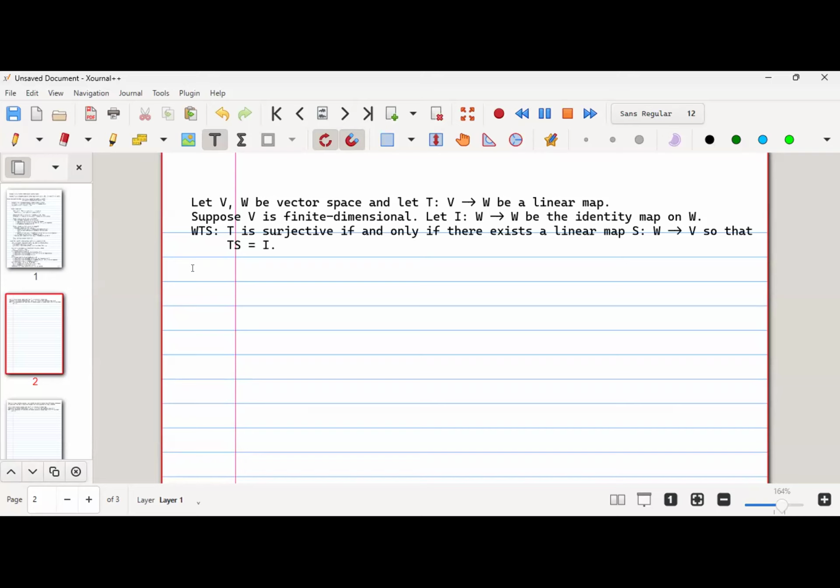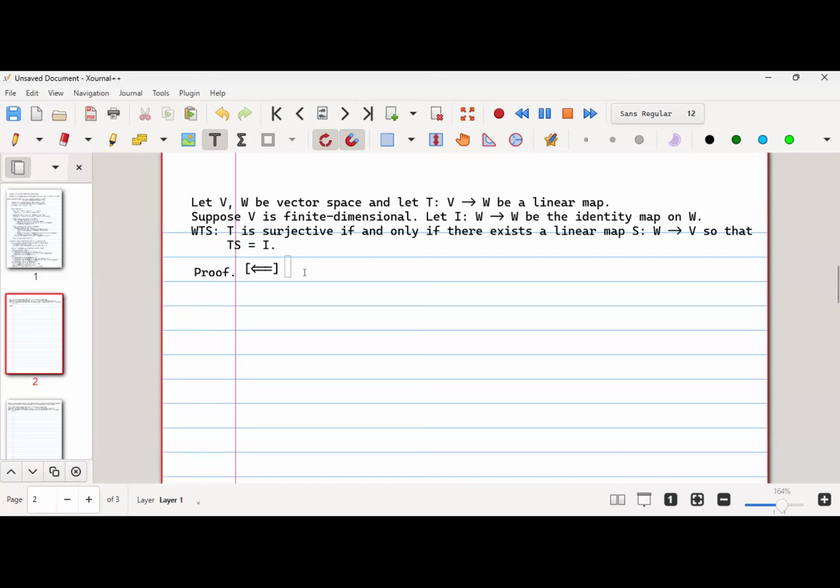This is an if and only if proof, so we'll break this down into showing one direction and then the other. Let's just start with this direction.